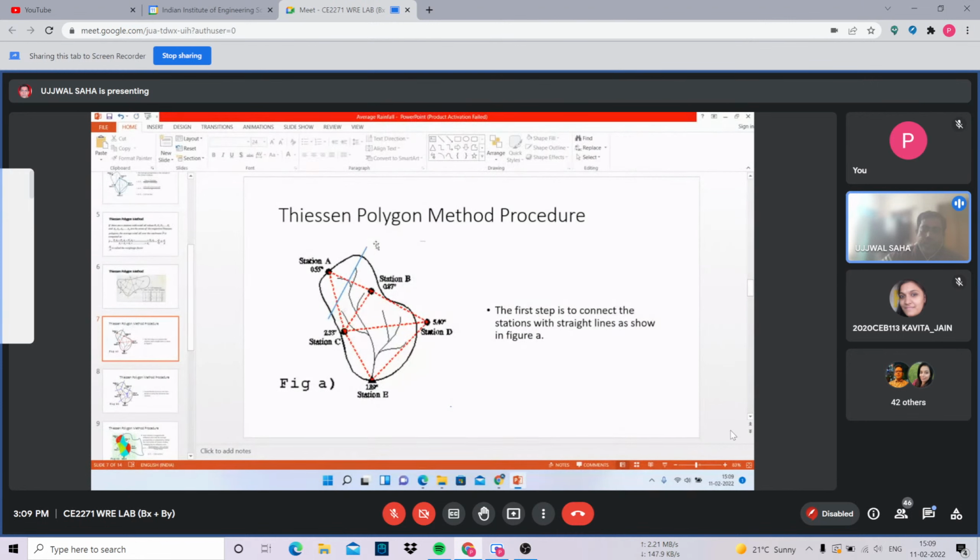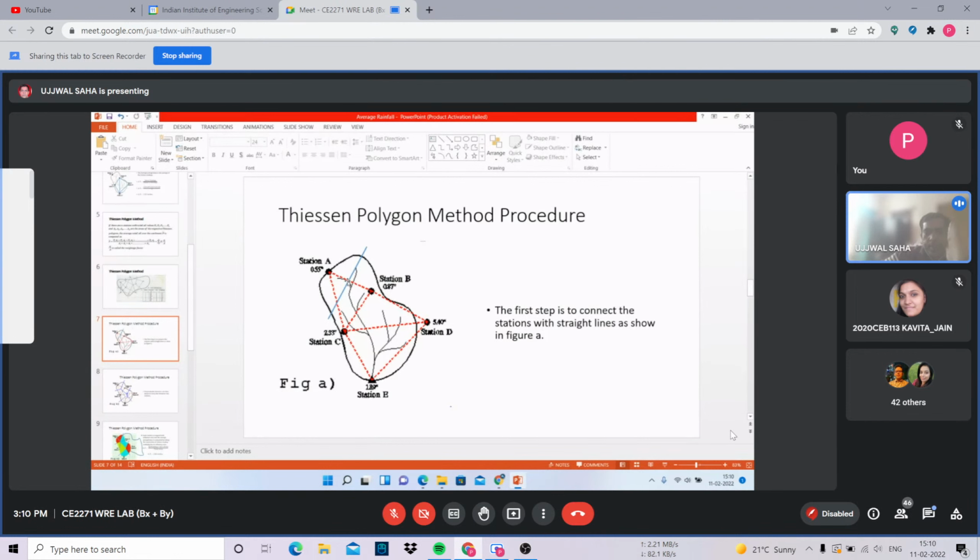So what is a perpendicular bisector? Maybe this angle is not 90 degrees, but you take it that way. The perpendicular bisector is bisecting the whole line into two equal parts. This distance and this distance are the same. So all the area on the left side should be closer to station A, is it not?